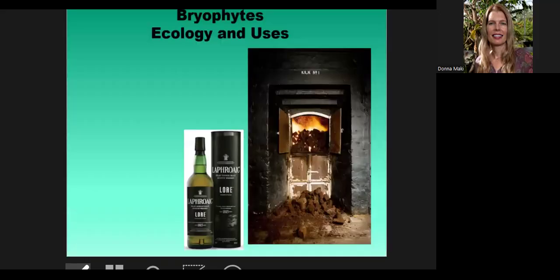And if you are into peaty whiskey, they still do it this way. This is from Laphroaig's website, which is a very peaty whiskey. If anyone is over 21 and ever sampled any of this, has anyone sampled peaty whiskey?